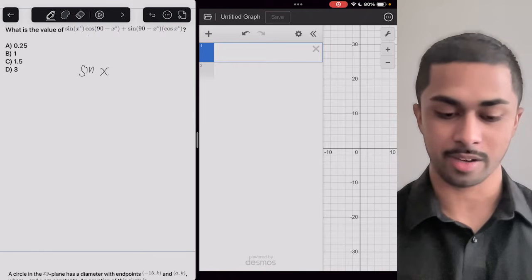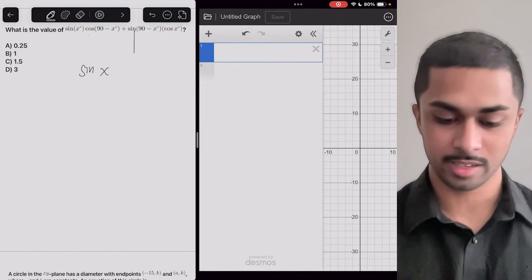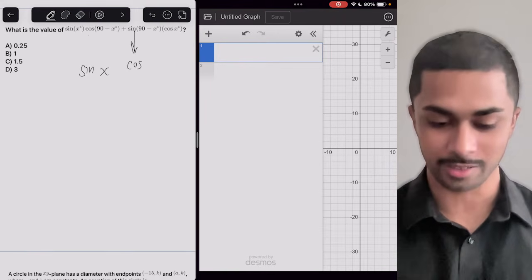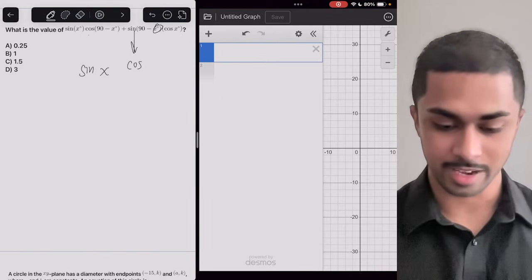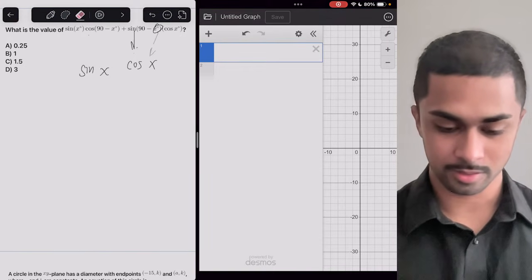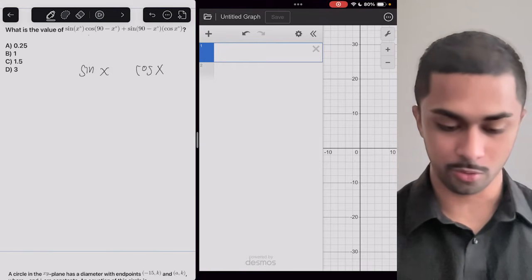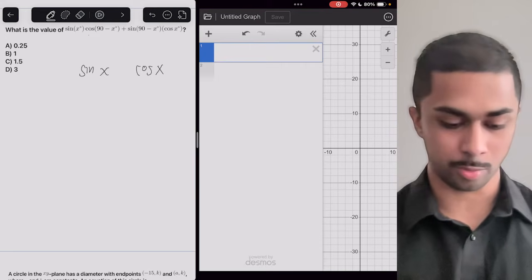So cosine 90 minus x turns into sine x. Same thing here. Turn the sine into a cosine, so flip whatever this is from sine to cosine and cosine to sine, and then take whatever variable is right here. Cosine x.